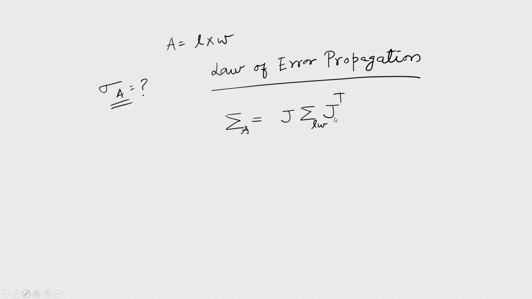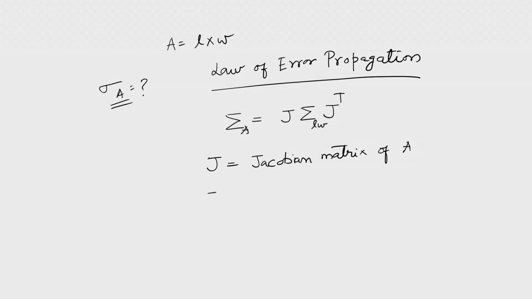What is sigma LW and what is J? J is nothing but the Jacobian matrix of A with respect to L and W.